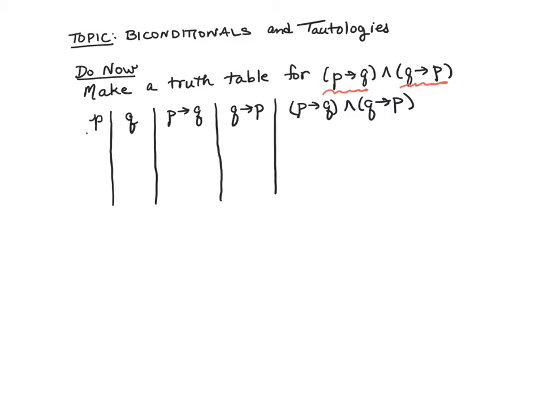So, again, the P column always begins with true, true, false, false. The Q is true, false, true, false. Now, a conditional is false when its antecedent is true and its consequent is false. So this would give us false, but the others would just be true.